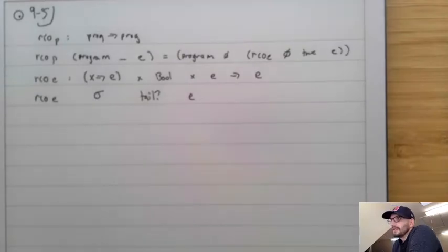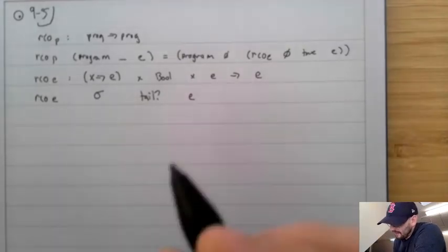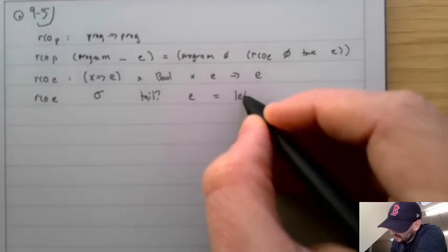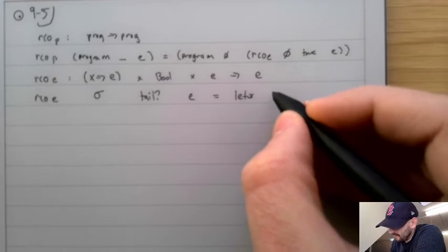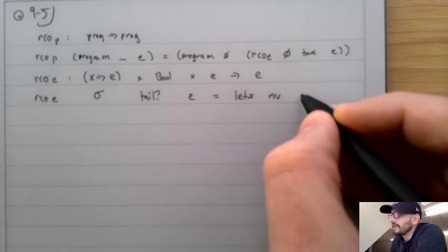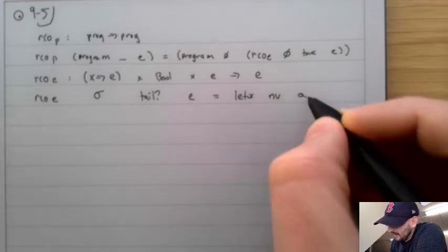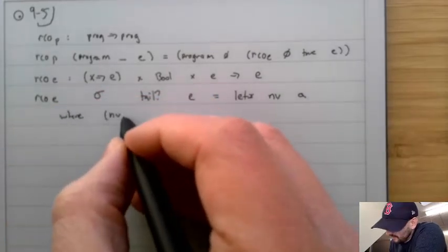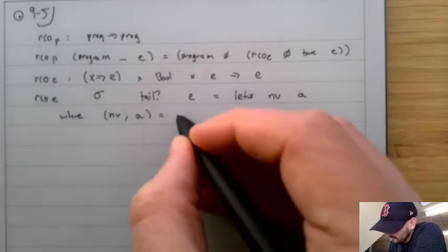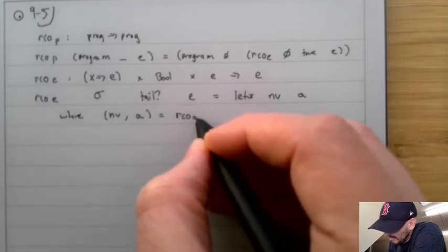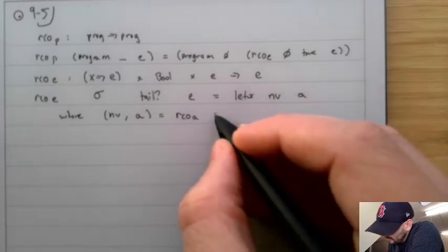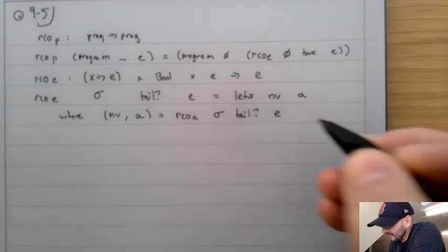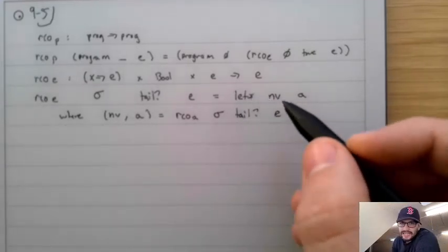Okay. Now, what we're going to return is the let star of the new variables and a, where the new variables and a is the result of calling RCOA with rho, tail, and E. Now let star takes a sequence.